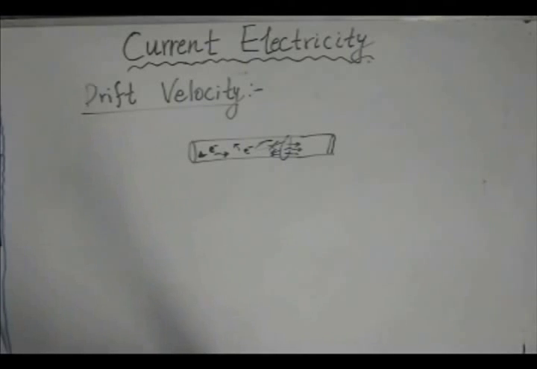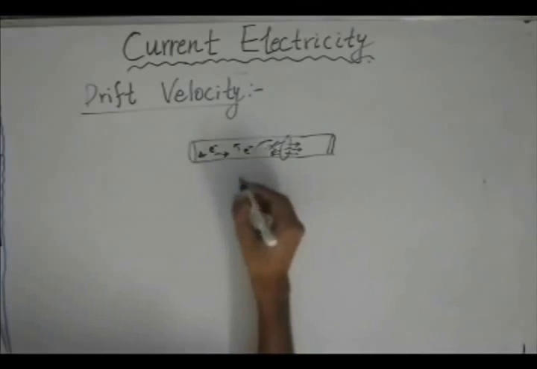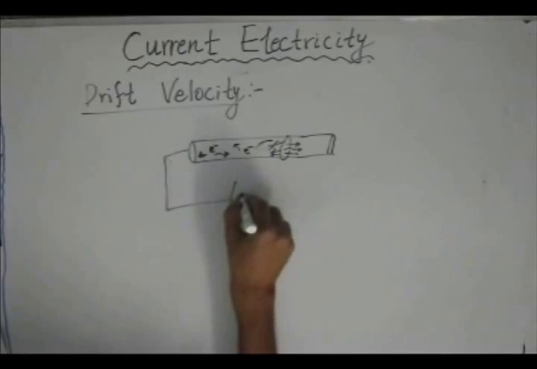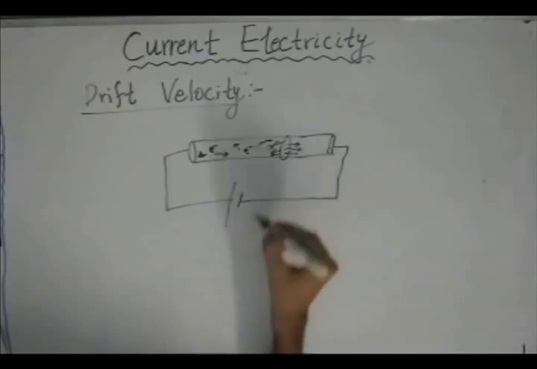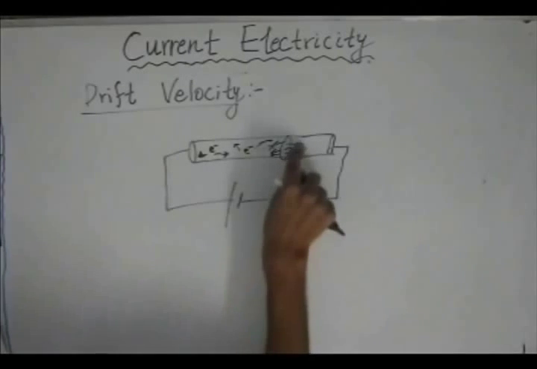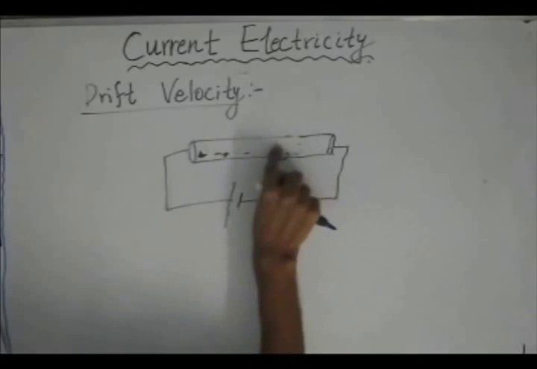Now just think what will happen if we apply a potential difference across its ends. Suppose we have the conductor and we have applied some potential difference across its ends.